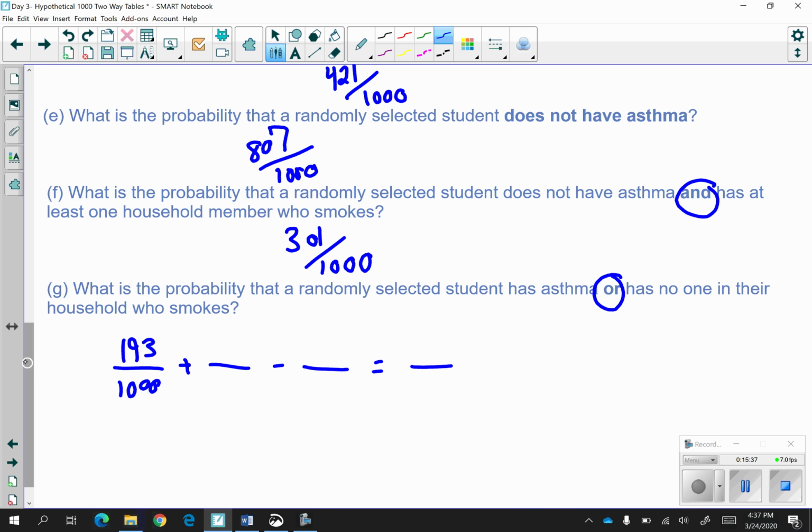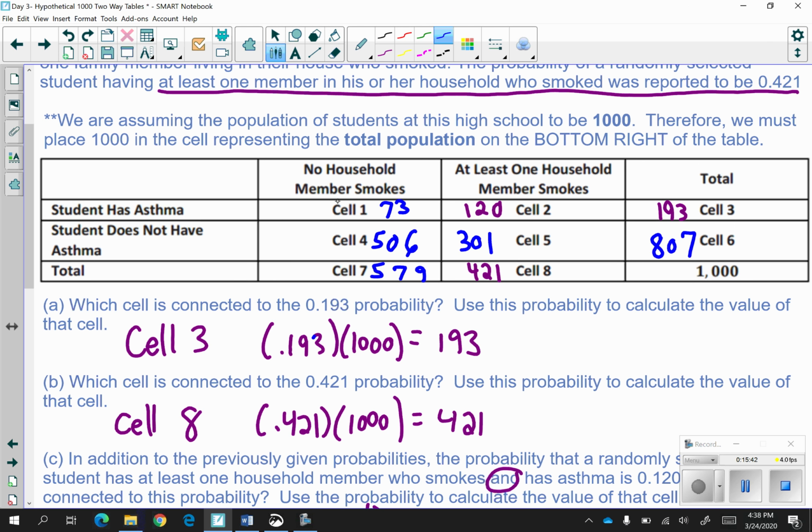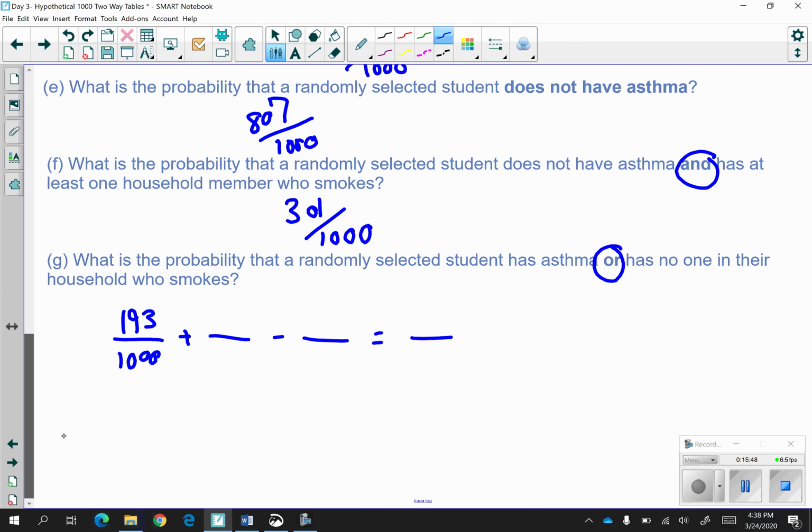And then you want the probability of having no one in their household who smokes. So we have that 579 kids don't have anyone in their household who smokes.